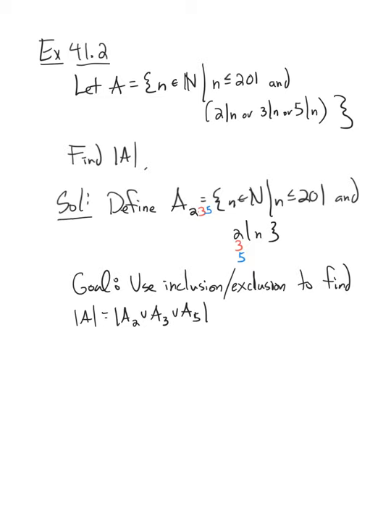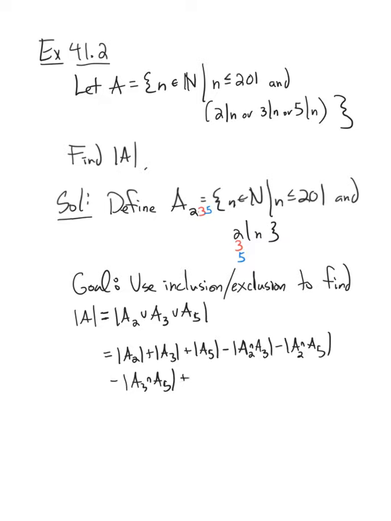Let's write down everything we need to find, and then we'll talk about how to find it. We need the cardinality of A2, A3, A5. We need the cardinality of the intersection of A2 and A3, the intersection of A2 and A5, the intersection of A3 and A5, and the intersection of all 3 of them.